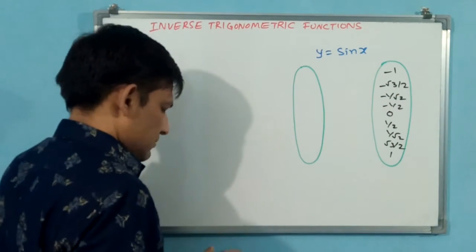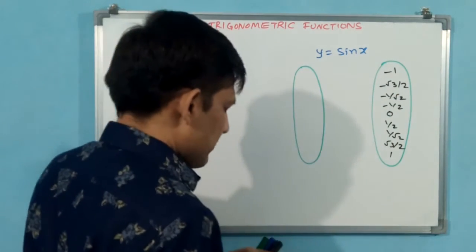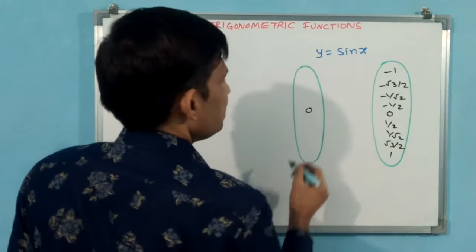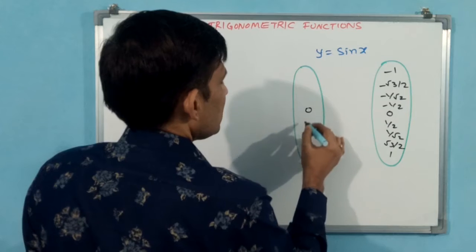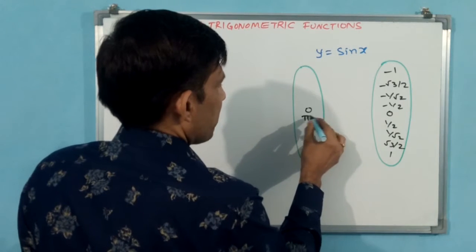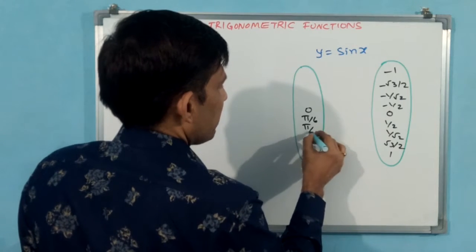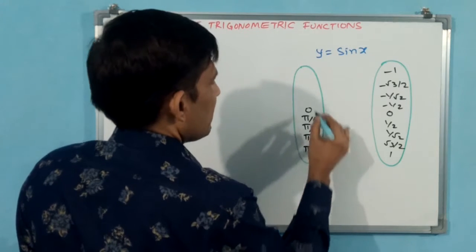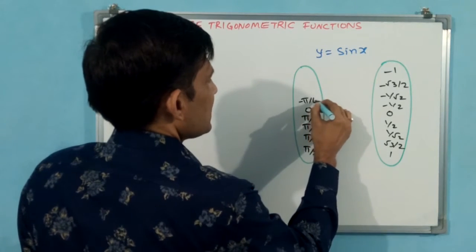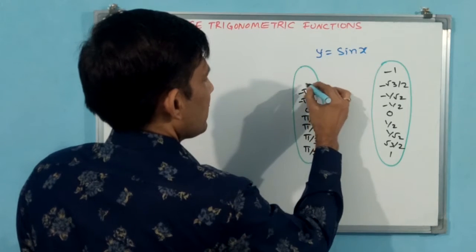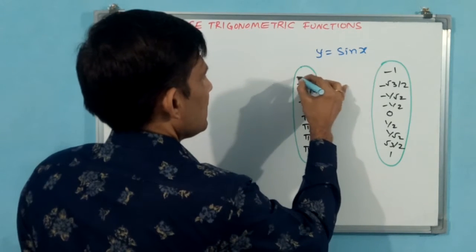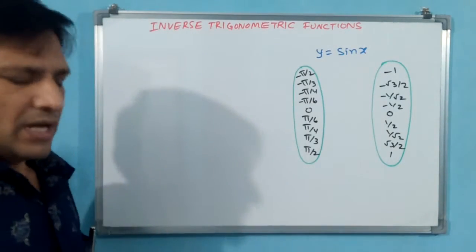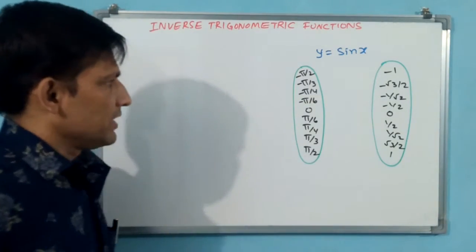And here also I am writing: 0, pi/6, pi/4, pi/3, pi/2, -pi/6, -pi/4, -pi/3, -pi/2. I have taken up to 90 degrees only. Let us understand first.